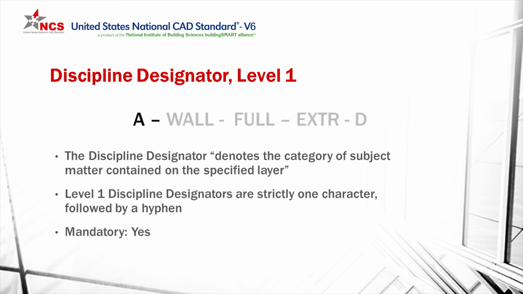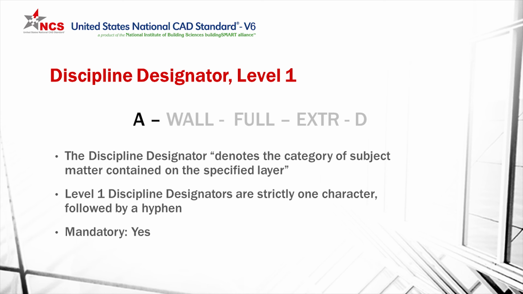A lot of times I get asked, what would you put on a resource layer? We break out resource things. You could have things like real estate drawings, which are not covered by a discipline designator. There's also Z for contractor shop drawings, which really isn't a discipline, but it's a category of subject matter.